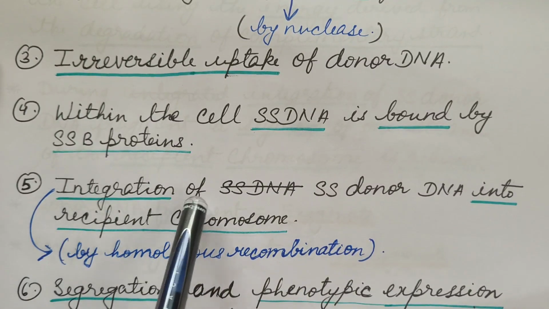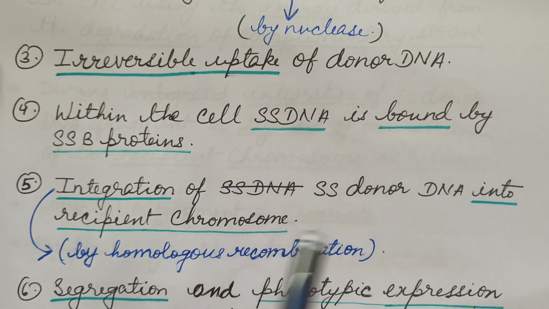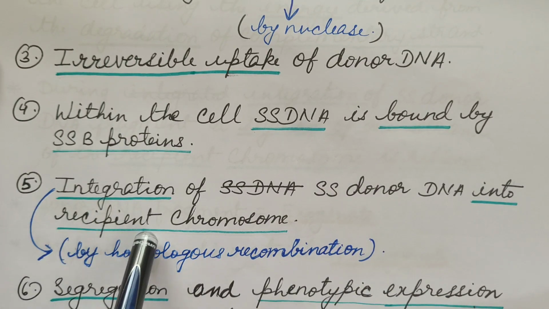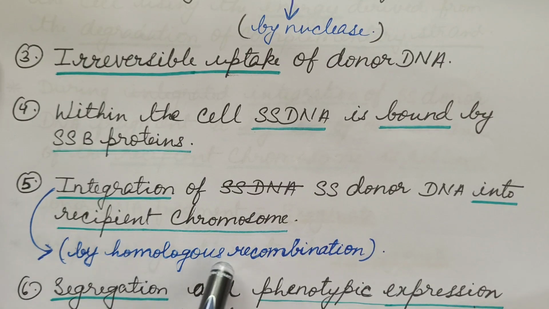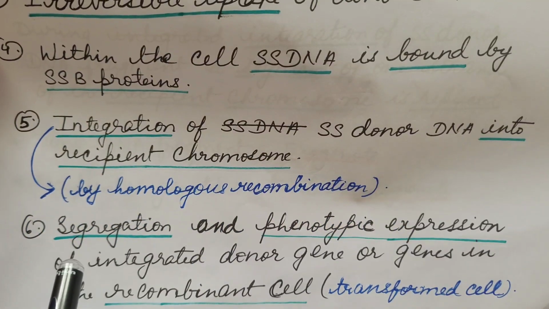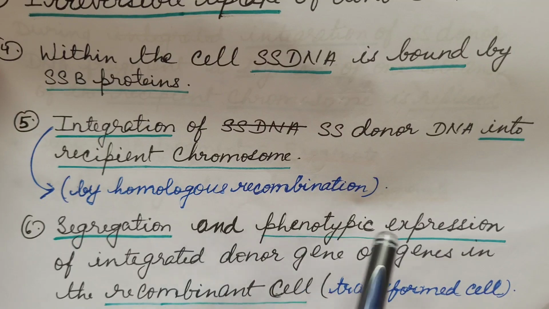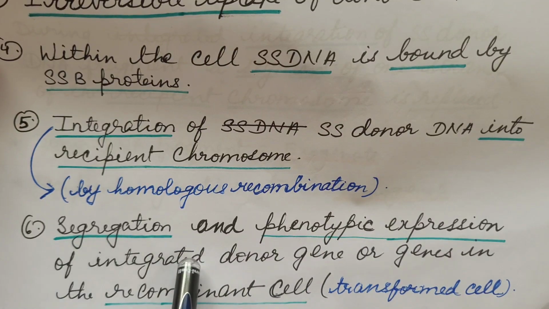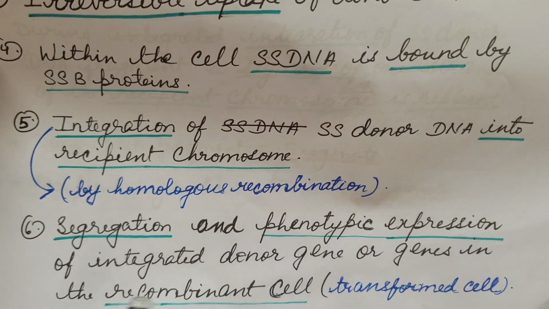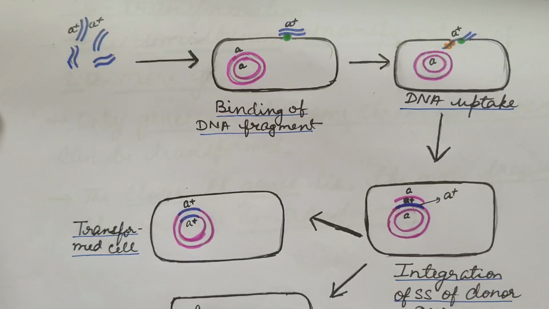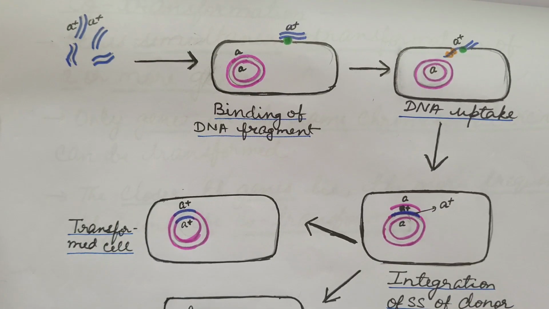Then integration of the single-strand donor DNA into the recipient chromosome takes place, and this integration occurs by homologous recombination. At last, segregation and phenotypic expression of the integrated donor gene or genes takes place in the recombinant cell or transformed cell.